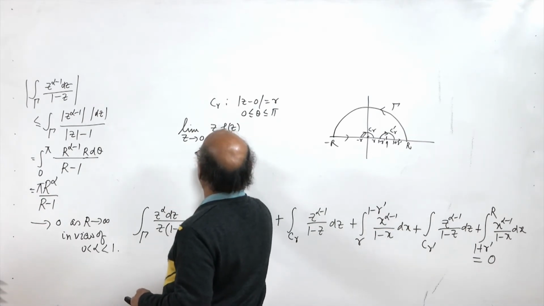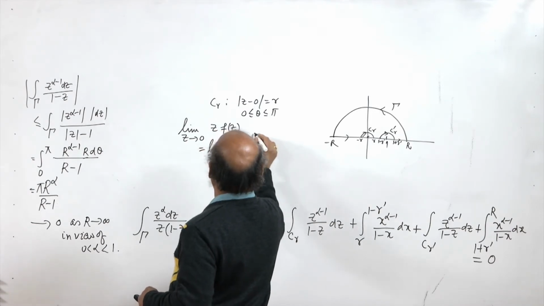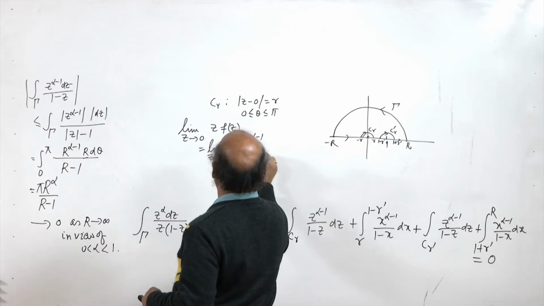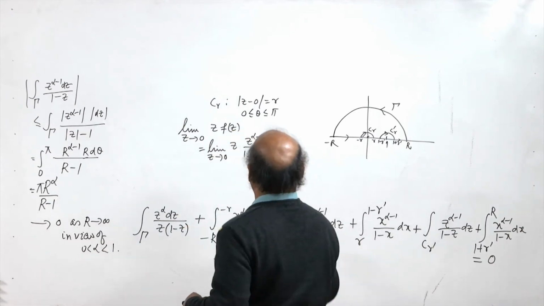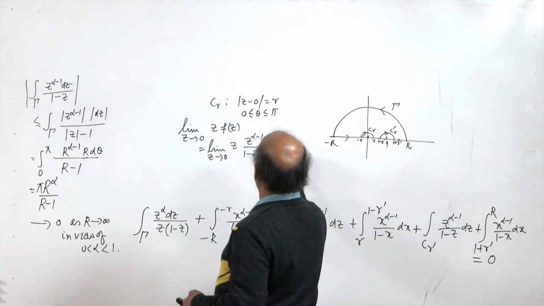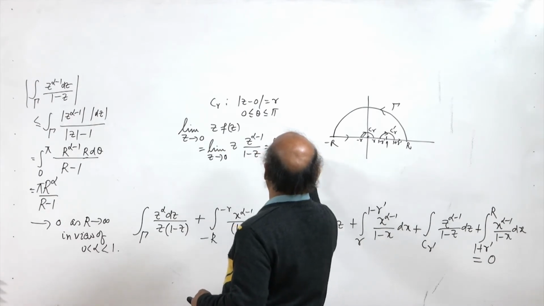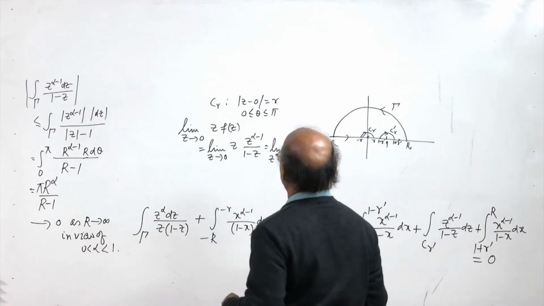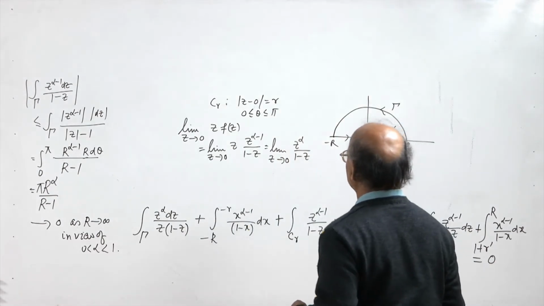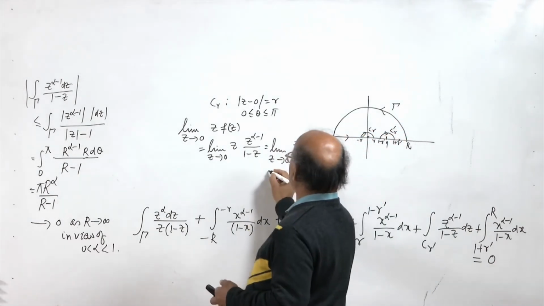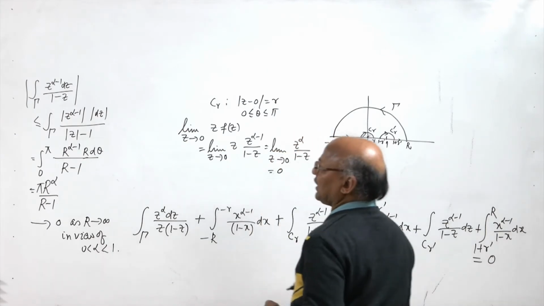So, this is limit z tends to 0, z into z to the power alpha minus 1 divided by 1 minus z. So, this is limit z tends to 0, z to the power alpha divided by 1 minus z. Now, alpha is positive, it is greater than 0, less than 1. So, this limit is 0 as z tends to 0. So, k is equal to 0.